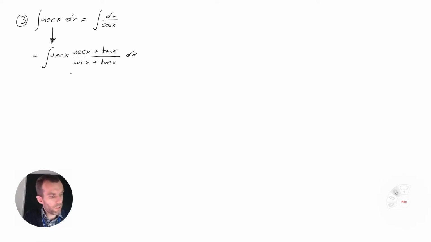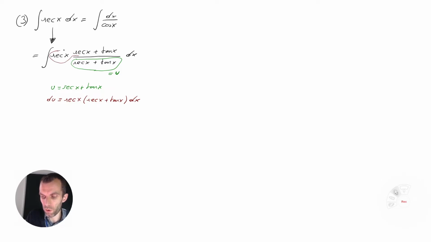But now what this lets us do is it lets us take the denominator here and call that u. That's our substitution variable. u is secant of x plus tan x. And now if you take the derivative du, you have the rules for the derivative of secant and tan. This will become precisely what you have in the numerator, secant of x times secant of x plus tan of x dx.